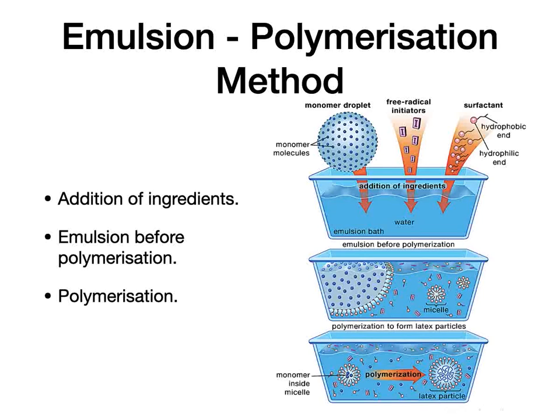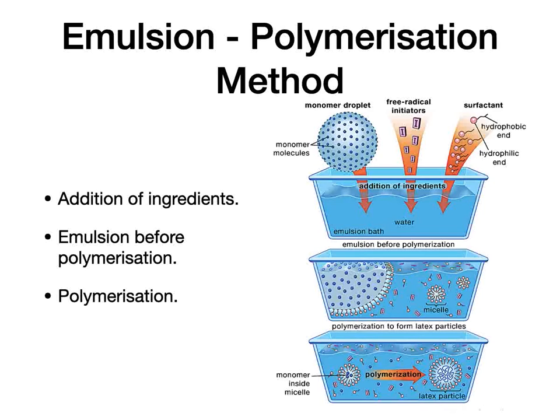The surfactant molecules, composed of a hydrophilic and hydrophobic end, form a stabilizing emulsion before polymerization by coating the monomer droplets. Hydrophilic means water attracting, and hydrophobic means water repelling.